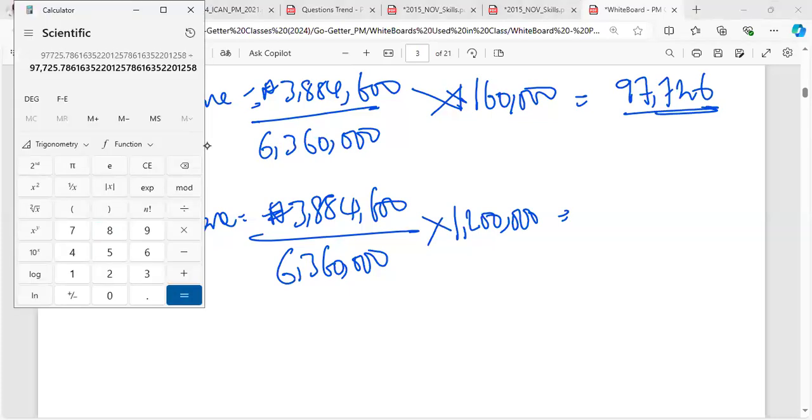So divided by, I can say, and do it another way, 160, I even say 1.6, multiplied by 1,200.